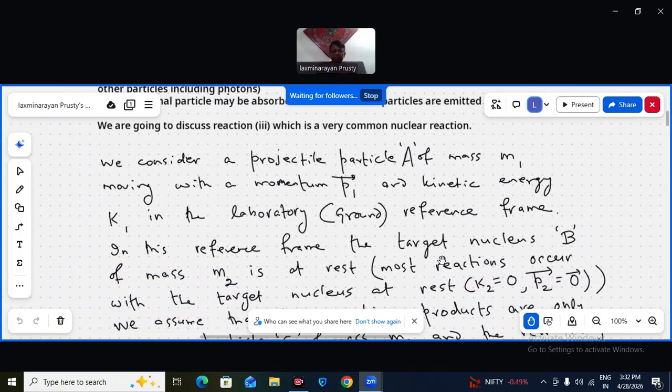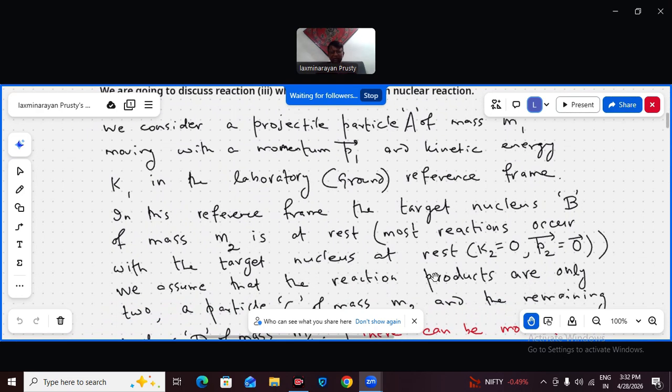In this reference frame, there is a target nucleus B toward which A is moving. The target nucleus mass is M2 and it is at rest. Most reactions occur with the target nucleus at rest. It means the kinetic energy of the target nucleus K2 is 0 and the momentum of the target nucleus P2 bar is also 0. Okay.